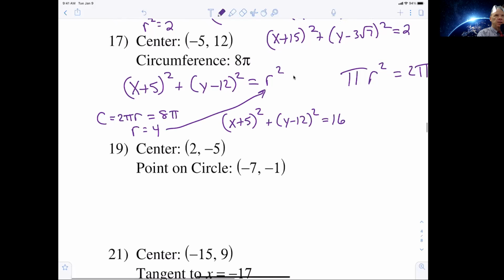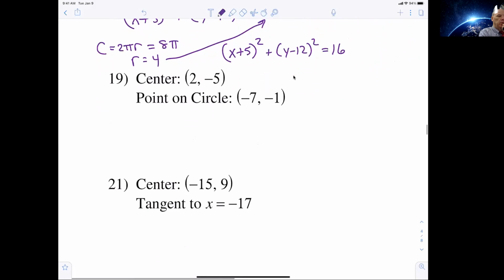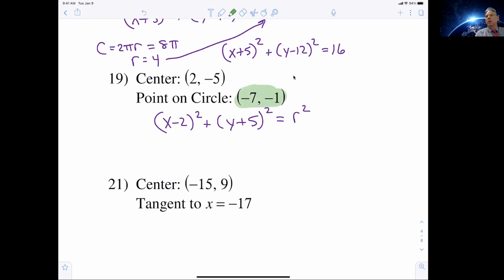All right, number 19, here we go. Now again, here's a point on the circle. It doesn't matter. So what do I do with the -7 and the -1? Plug it in. This is the x coordinate, this is the y coordinate. So if I plug it in, because we're brilliant at mental math, -7 minus 2 is what?